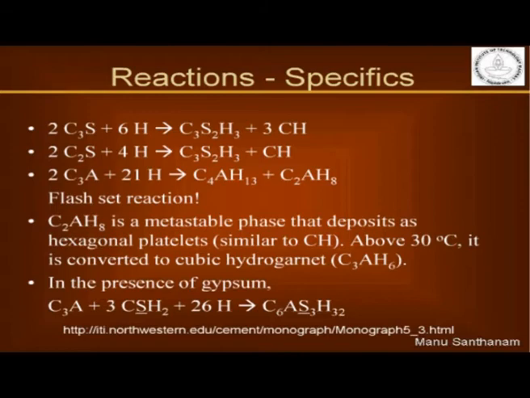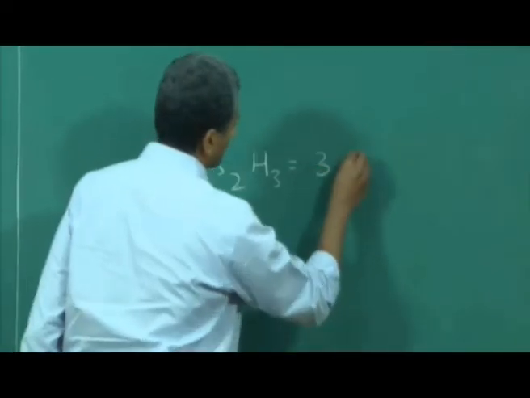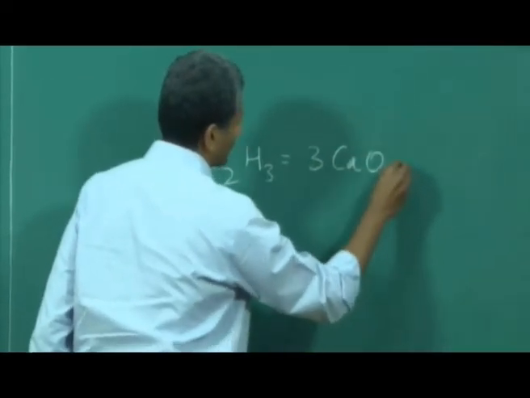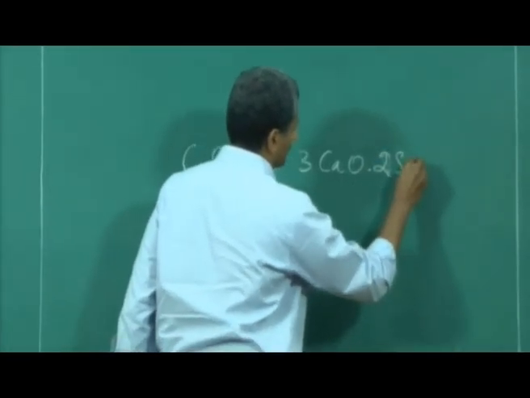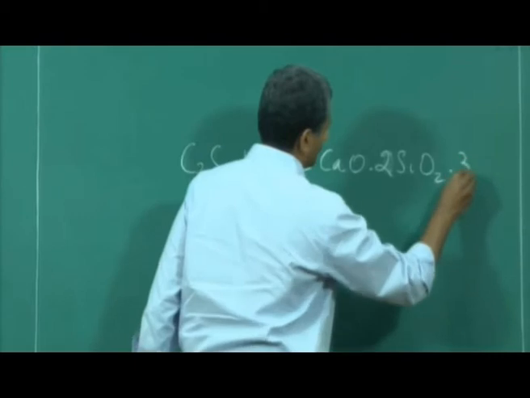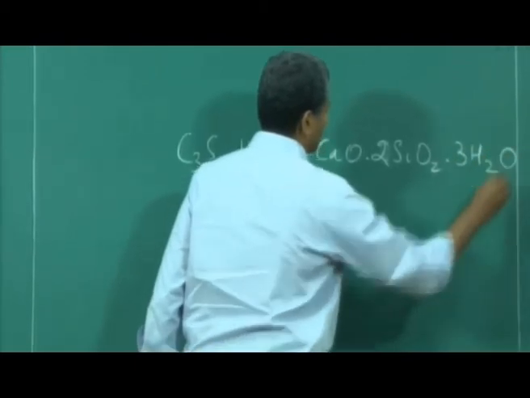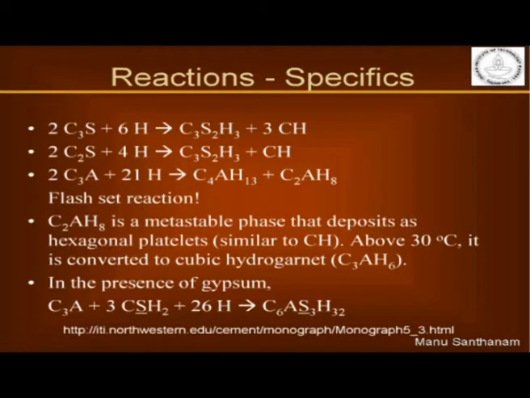I'll write that on the board just for clarity. C3S2H3 is simply 3 CaO, 2 SiO2 and 3 H2O. That's the molecule that is formed of CSH, calcium silicate hydrate.